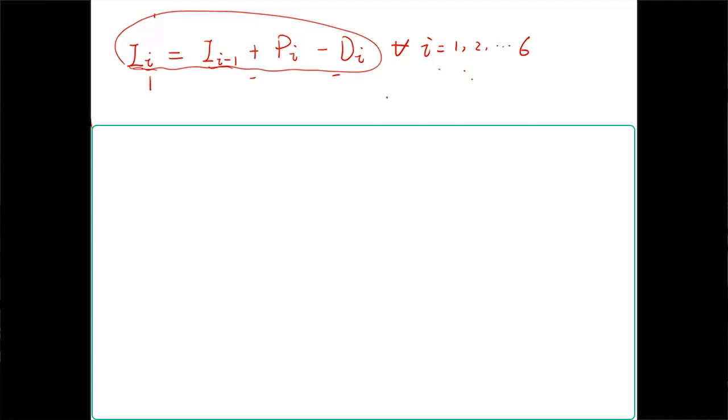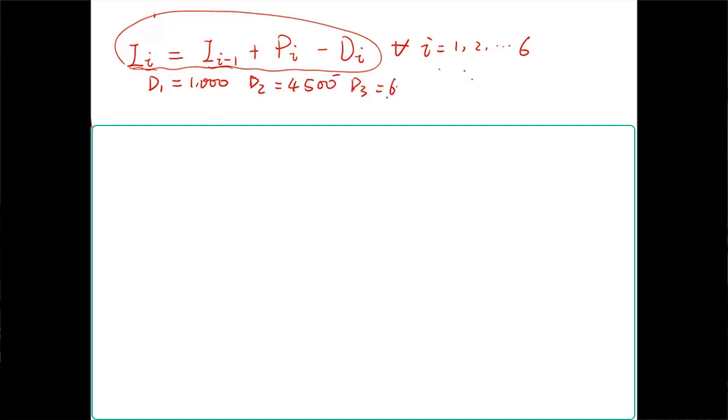Okay, and you will have to write out your D's because P is a decision variable, I is a variable, but D is not a variable. The D's are given. So D1 equals to be the unit demanded, 1000. D2 equals to be 4500.